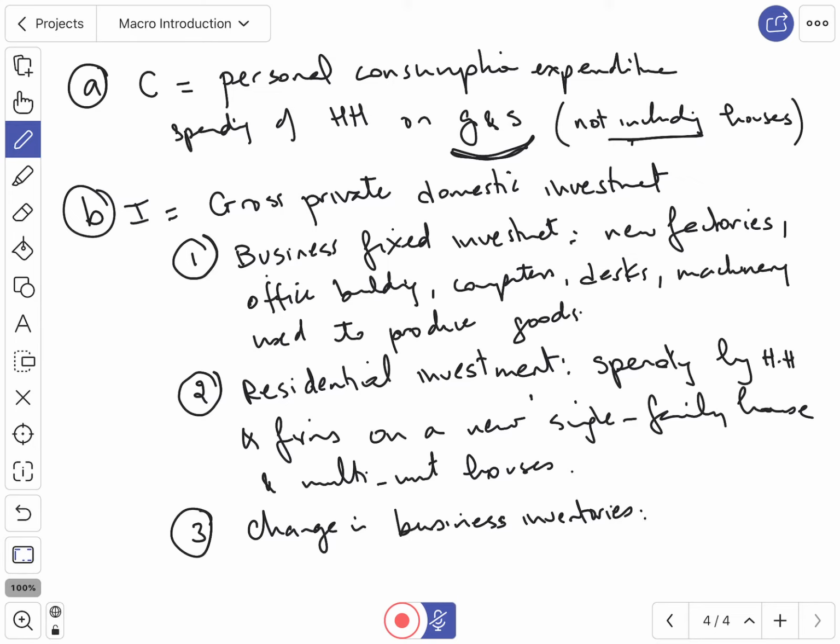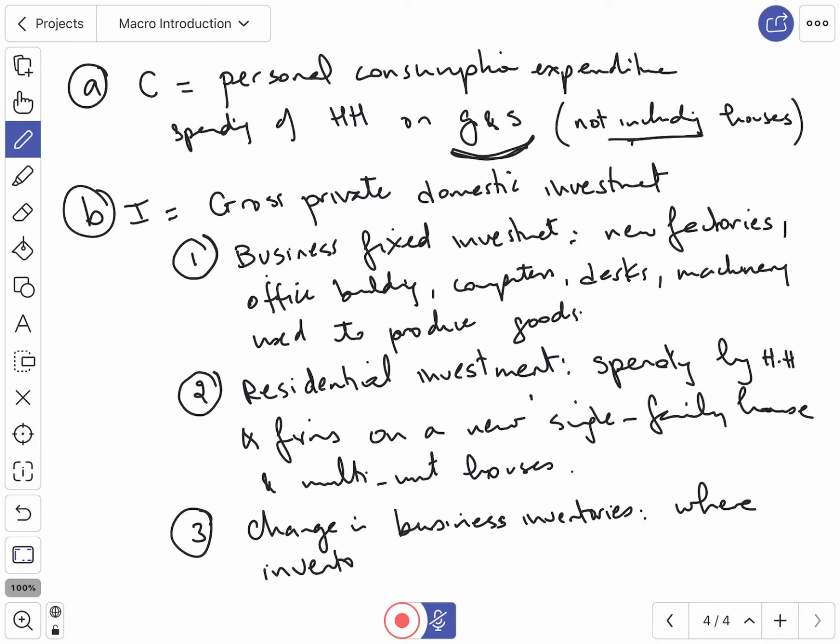Now you're producing something and you're trying to sell it in the market. If it is not sold in the market, you're going to keep it in the storage room, so you can think of it as inventories. Anything that is produced but not yet sold.